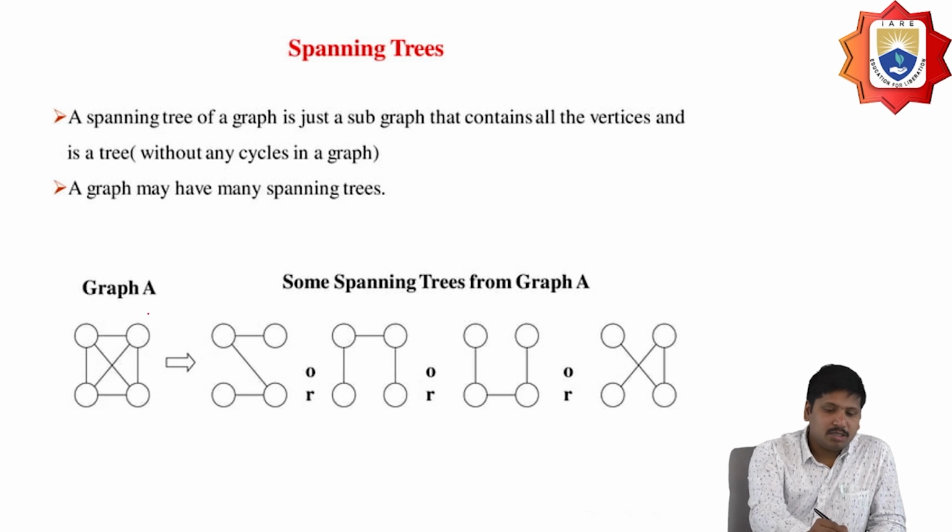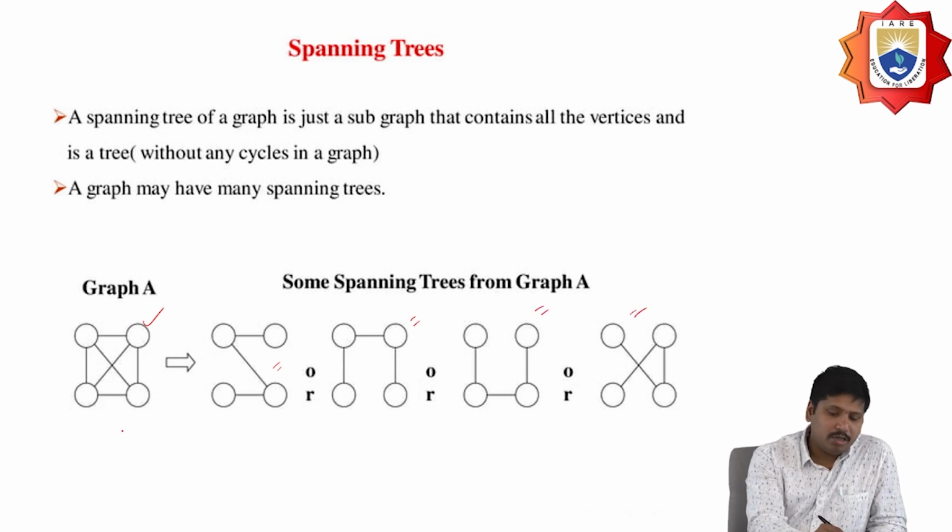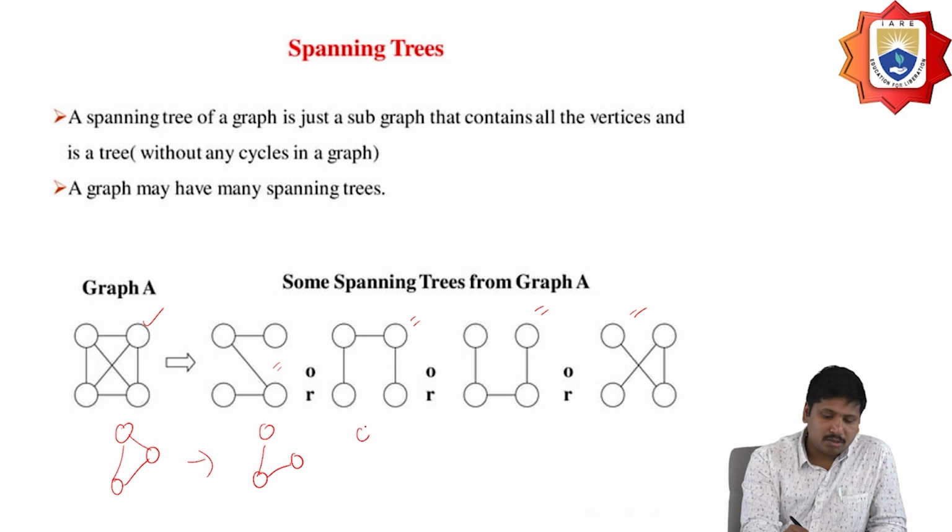So let us consider a graph. For this graph, the spanning trees obtained from the graph will be this one. Similarly, if I construct another graph like this, the possible spanning trees will be like this.